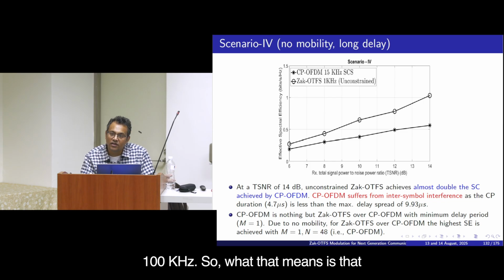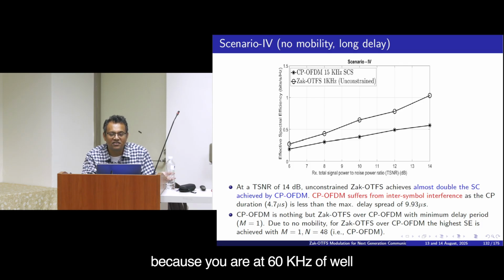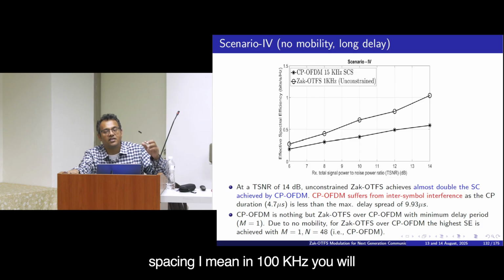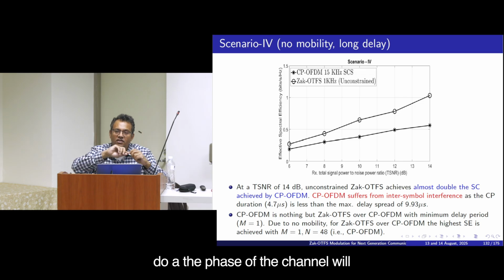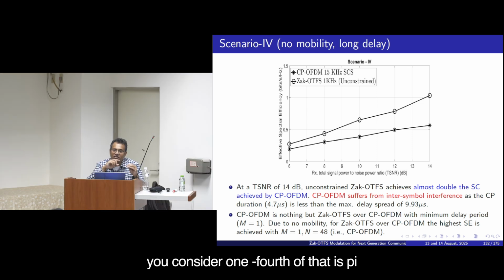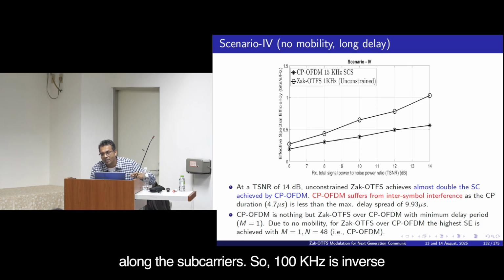So what that means is that every other subcarrier has to be a pilot. Even though this is 15 kilohertz spacing, in 100 kilohertz the phase of the channel will change by 2 pi radians. So if you consider 1/4 of that, it is pi by 2, which is still a significant change in the phase of the channel. This is along the subcarriers.